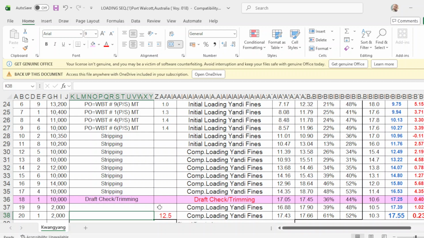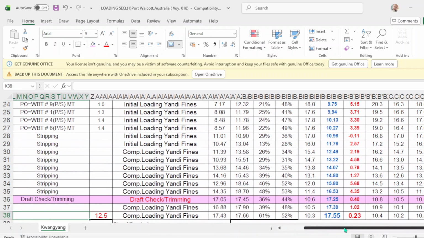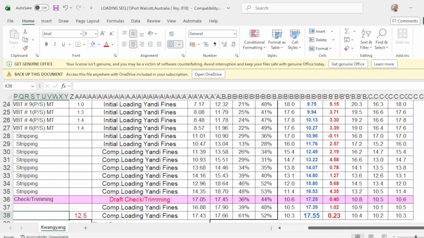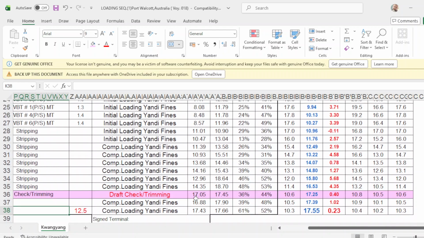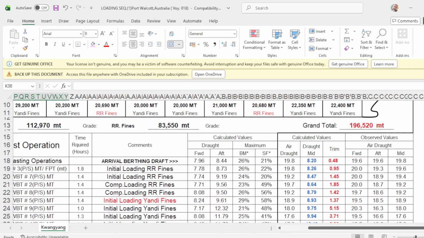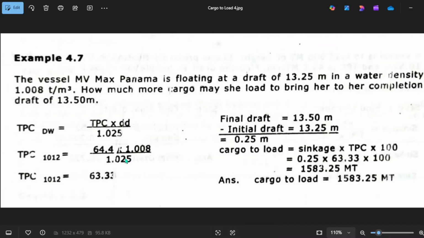pour 18, it says draft check and trimming, draft check and trimming, okay? And the initial forward and aft draft: forward is 13.05 and aft is 13.45, okay? In this case, the draft for draft checking or trimming is 13.25.